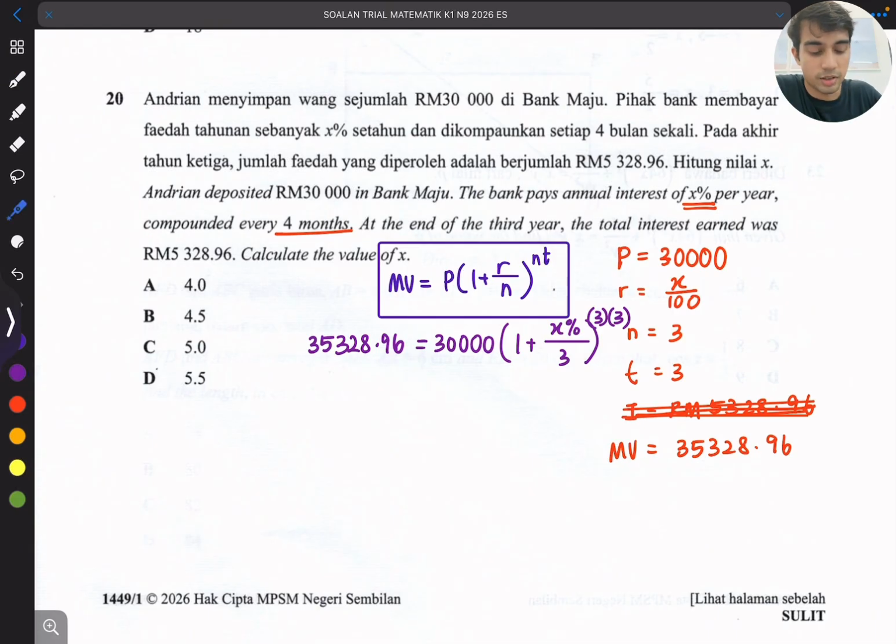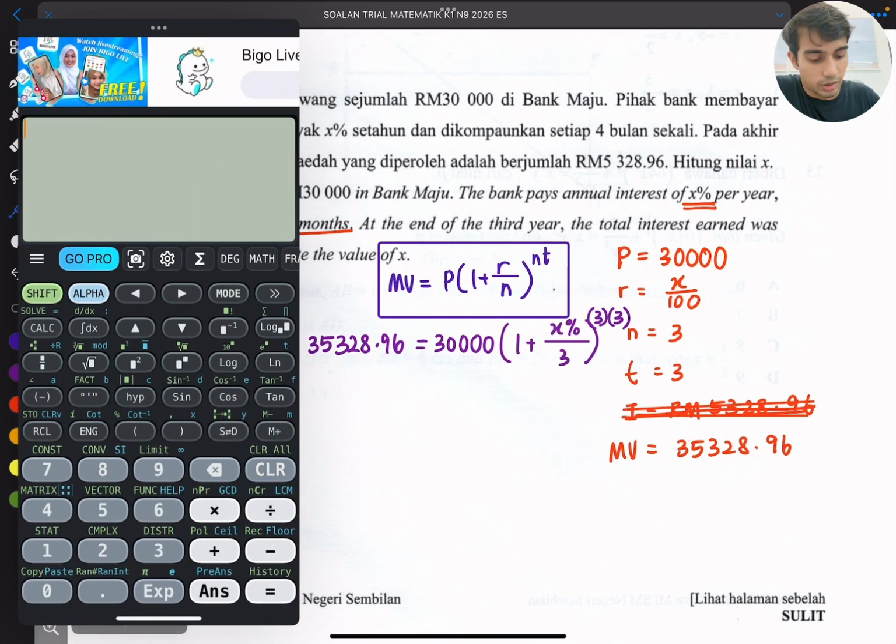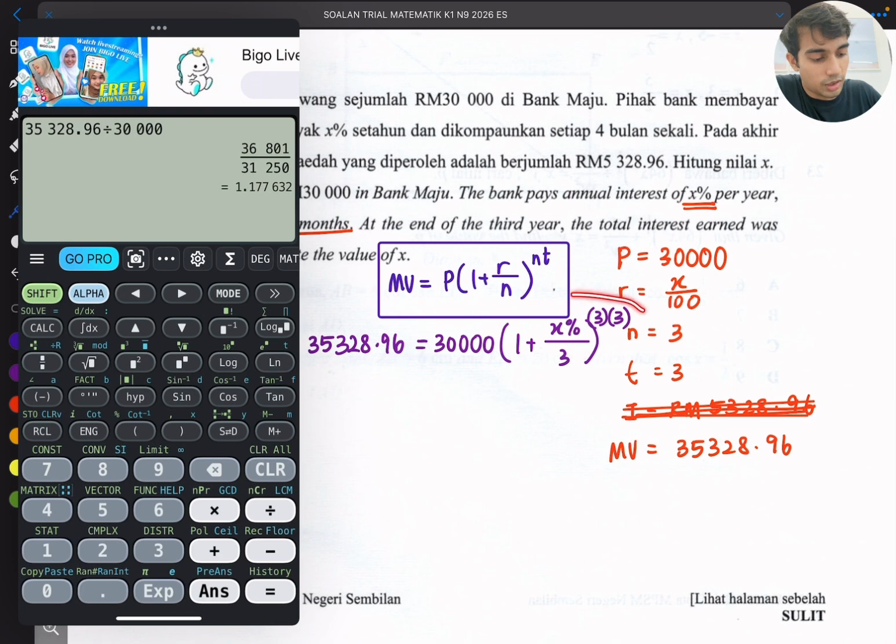Okay, that's quite susah. We need to find x here, so we do it one by one. First, we bring the 30,000 over here. This will become divide. So 35,328.96 divided by 30,000. We get this. Now this equals 1.177.